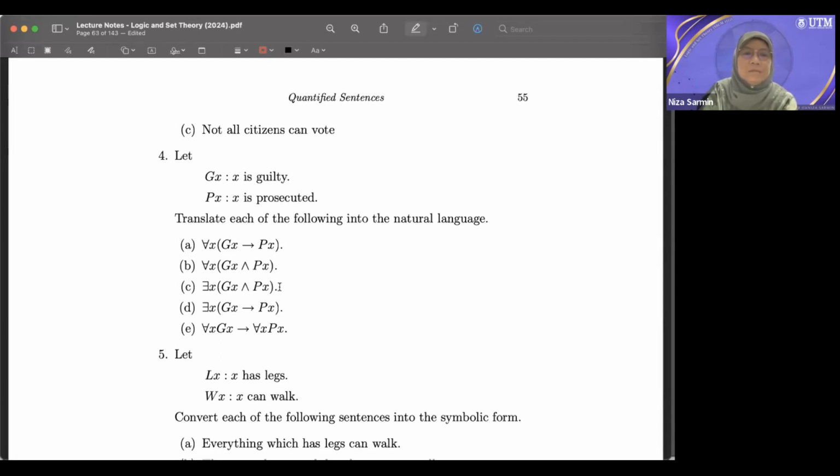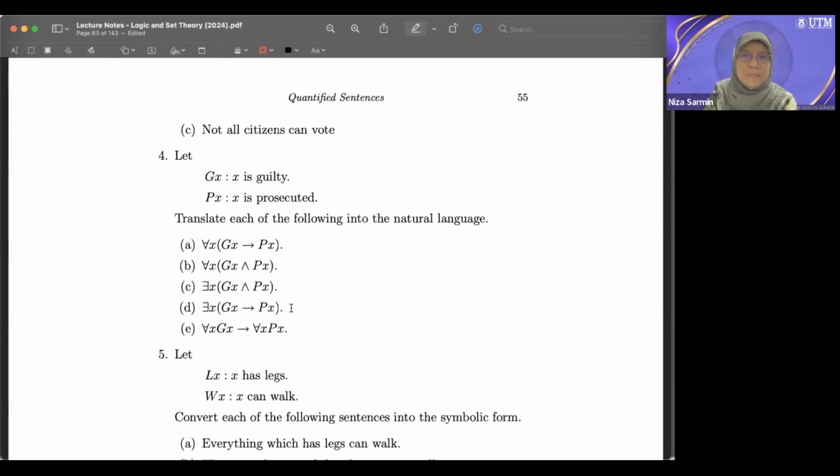This one, there is someone who is guilty and prosecuted. Yeah. This one, it's a little bit different. There is X. If X is guilty, then X is prosecuted. If there is someone who is guilty, then he is prosecuted.